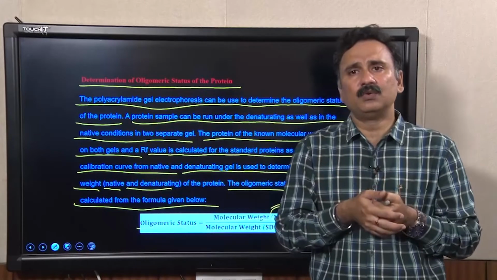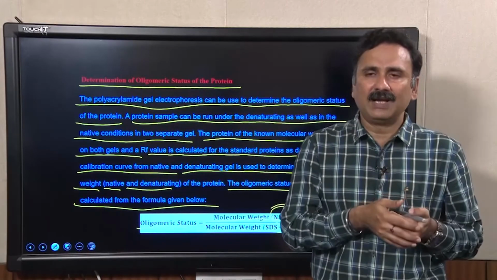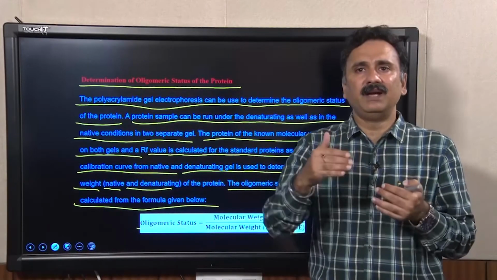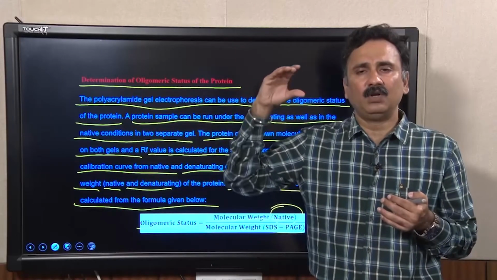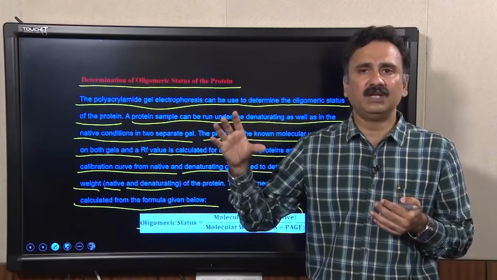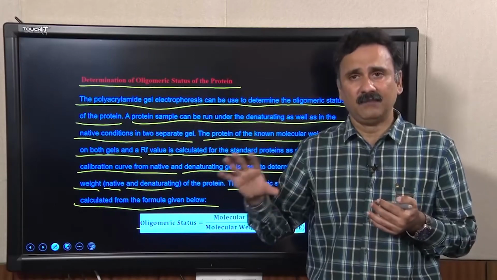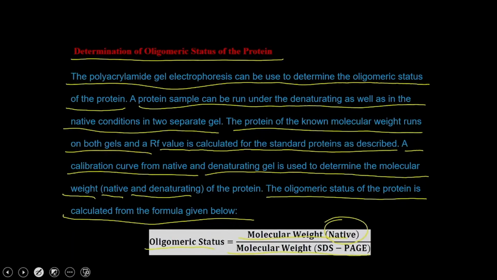And then you calculate the oligomeric status simply by dividing the molecular weight you get from the native conditions by the one from the SDS. The only thing you do not have to worry too much about is this: imagine that you got the native molecular weight as 46, and the SDS molecular weight as 25.